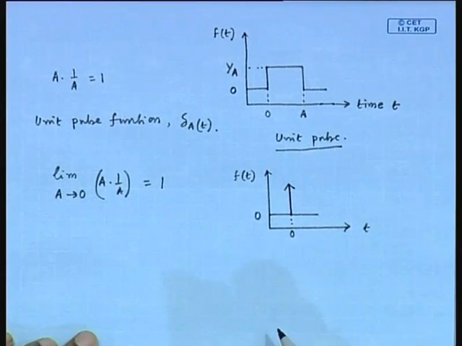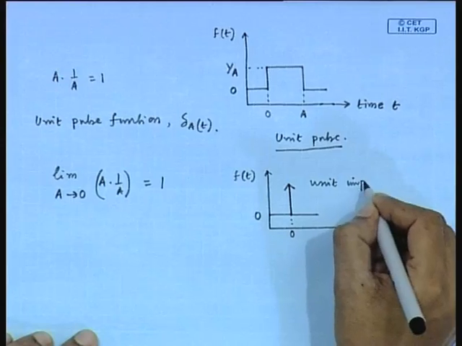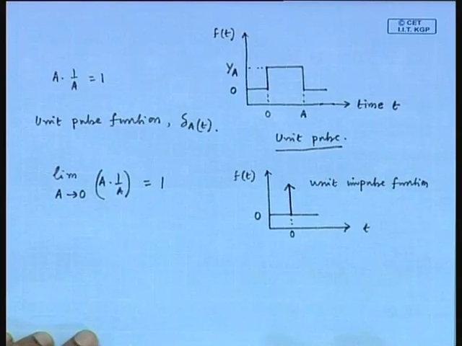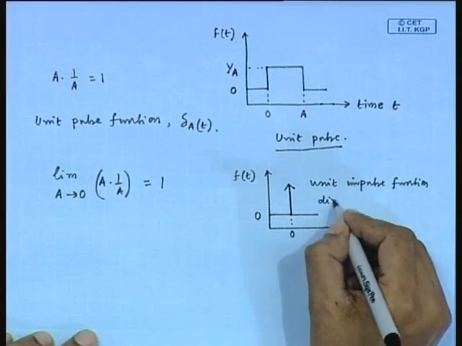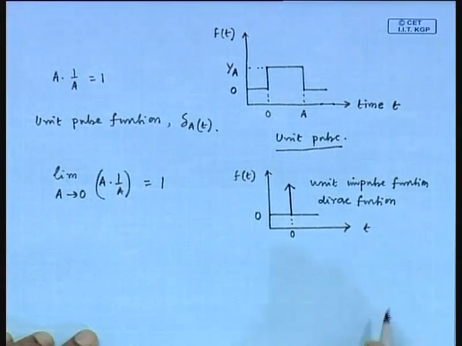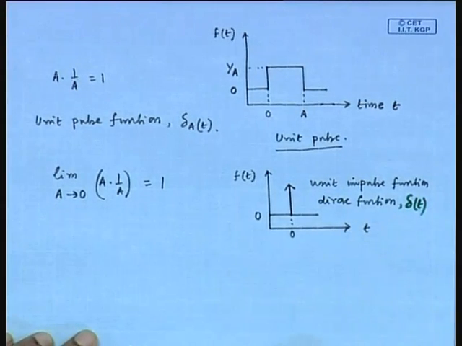This function is called the unit impulse function. It is also called the Dirac function, and it is conventionally represented by delta(t). This is called the Dirac function or unit impulse function, and it is represented by delta(t).